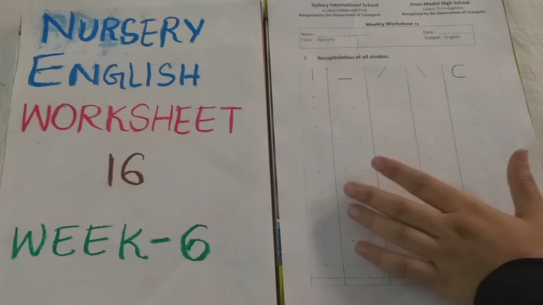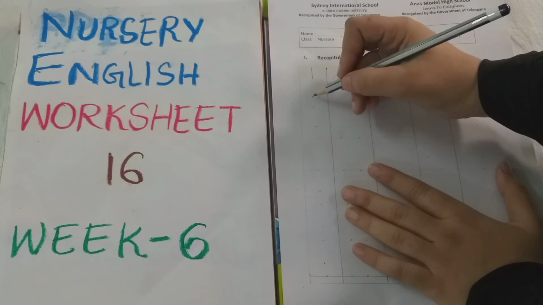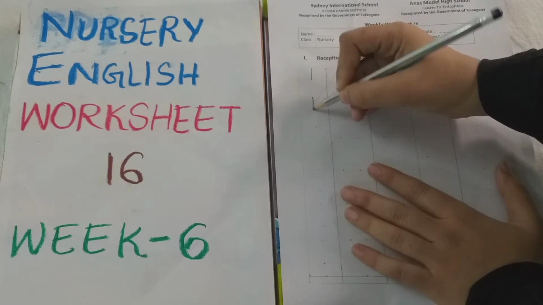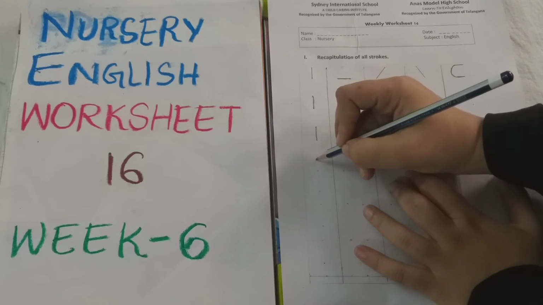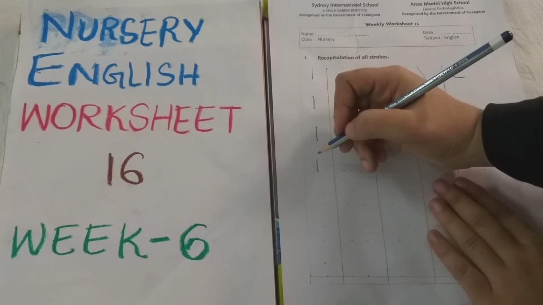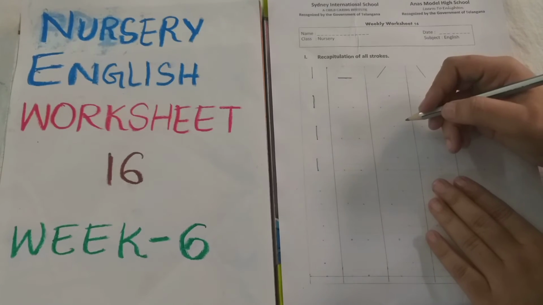Here you can see I have given the dots. The same, you have to join the dots. See here, from this to this, standing line, standing line, standing line. Like this you have to join the dots.